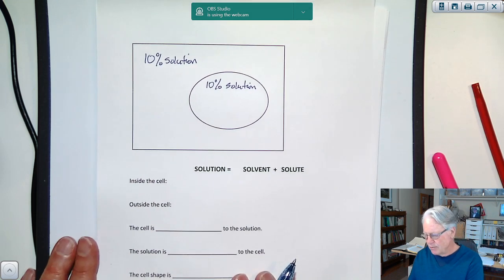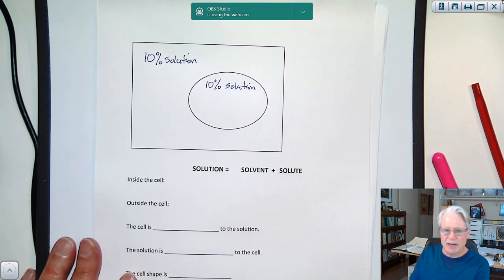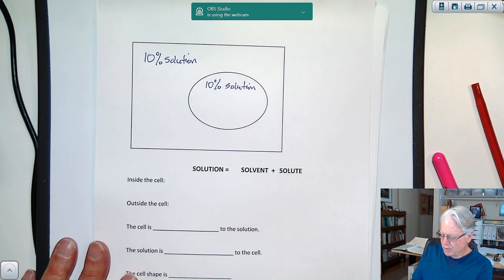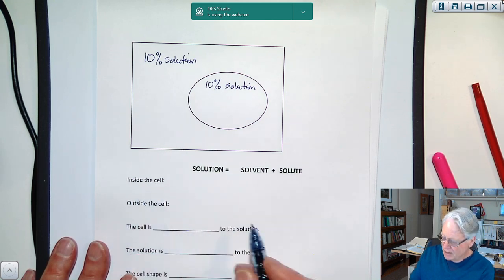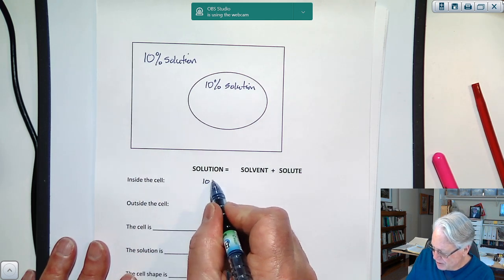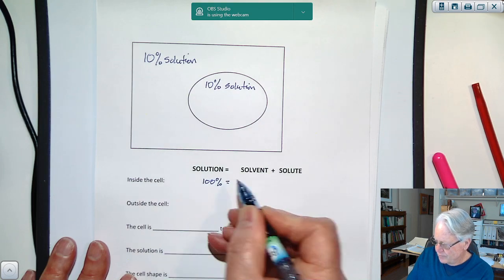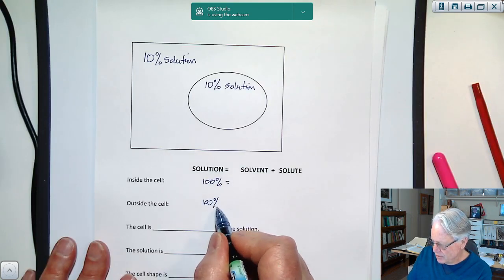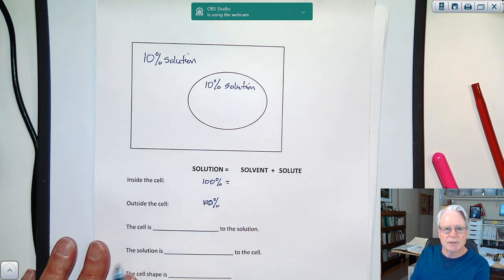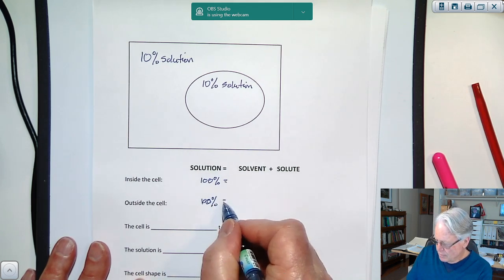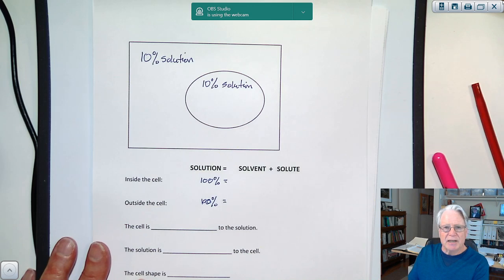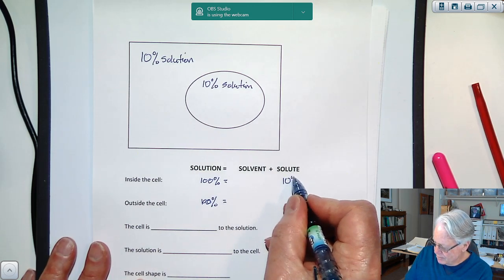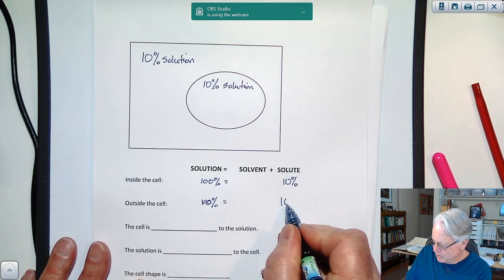And by now, you should probably figure out what's going to happen here. So remember, inside the cell, I have 100%. Outside the cell, I have 100%. 100, not for 10%. Okay. And I have 10% here. And I have 10% here.